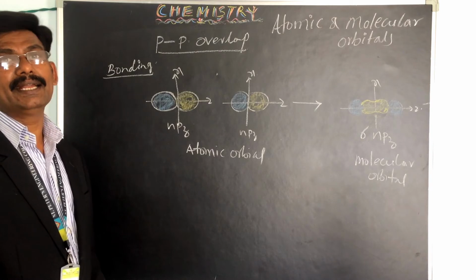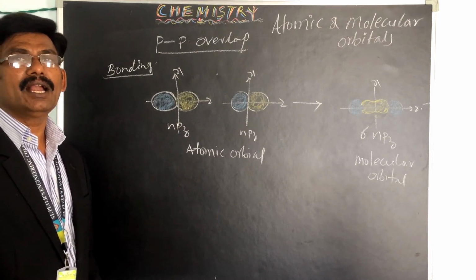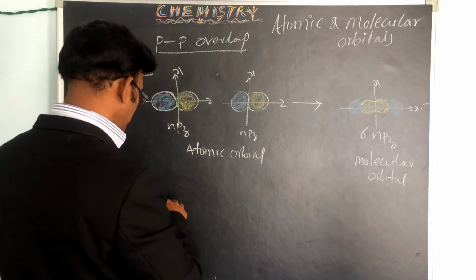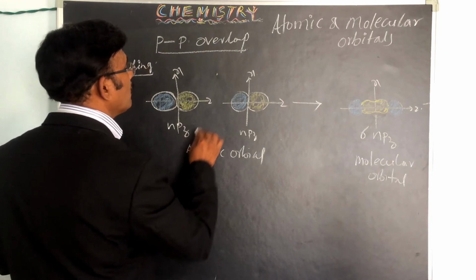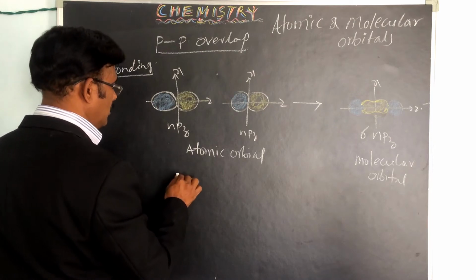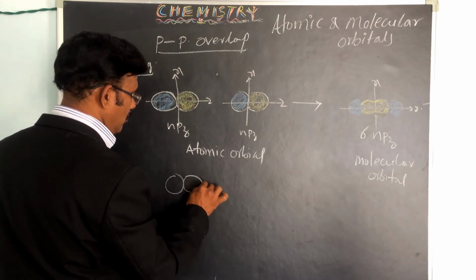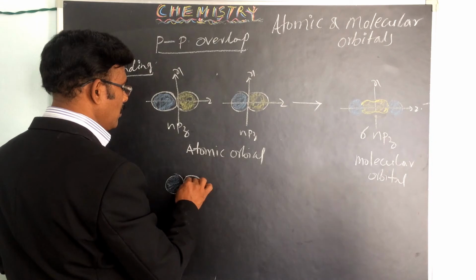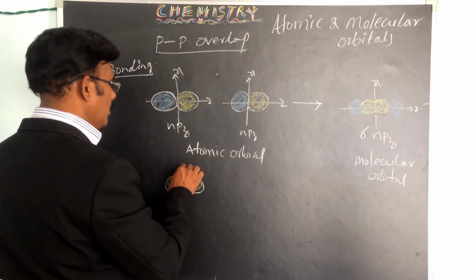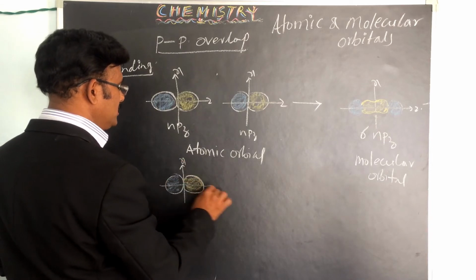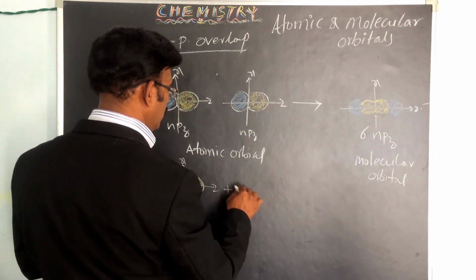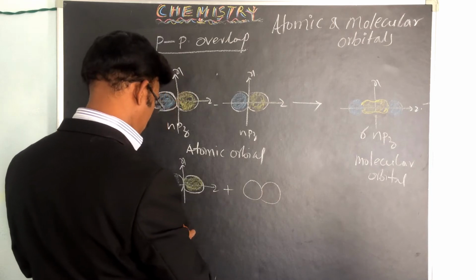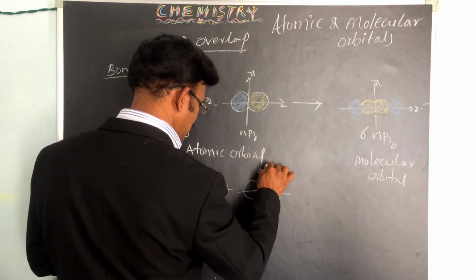This is for bonding. In the case of anti-bonding, you have to draw the same thing, in the X direction and Z direction.